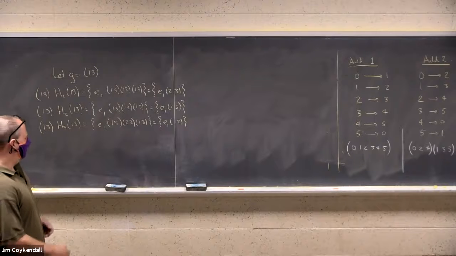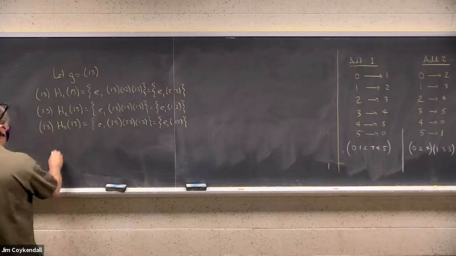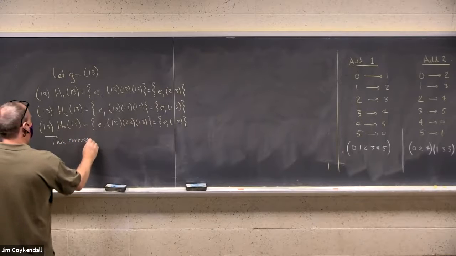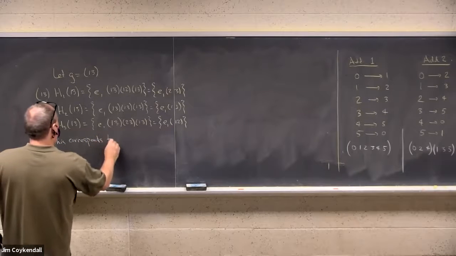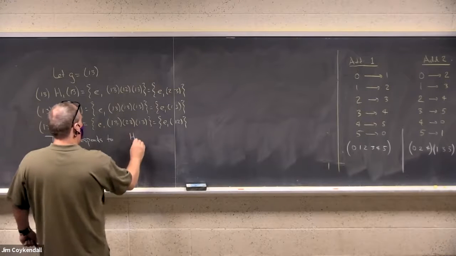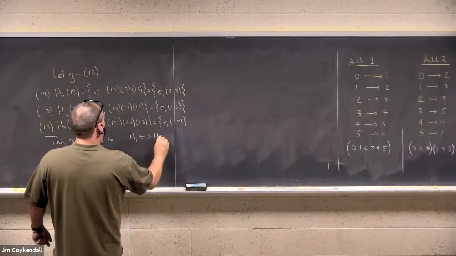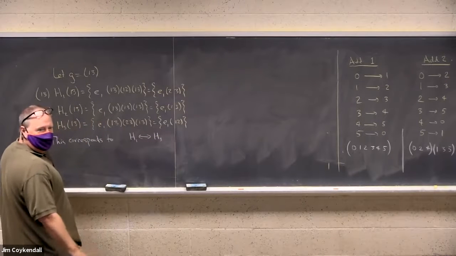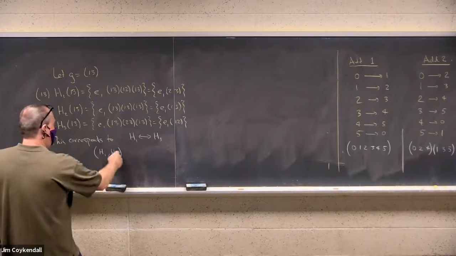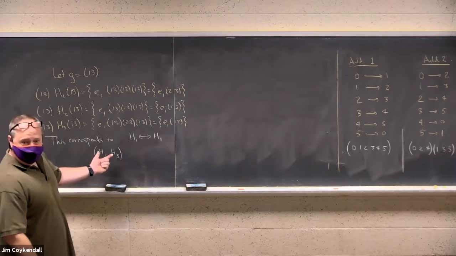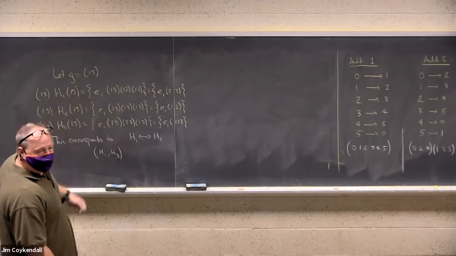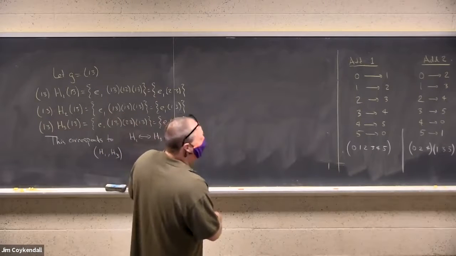So H1 and H3 swap, and H2 is left alone, right? So you might think of this as the permutation H1, H2. Or I'm sorry, H1, H3. So it's just this permutation (1 3), right? So (1 3) under this homomorphism goes to itself. Let's try another one.